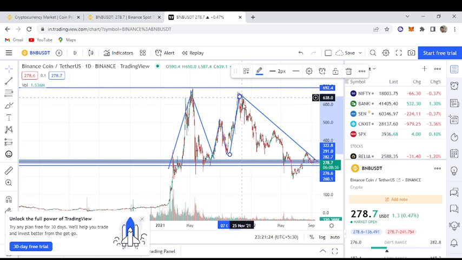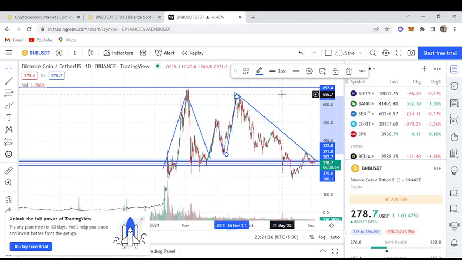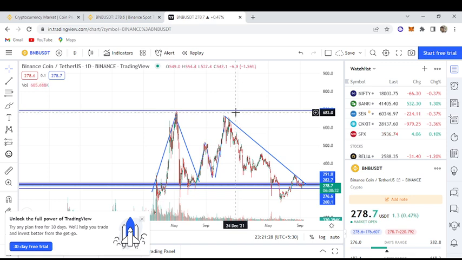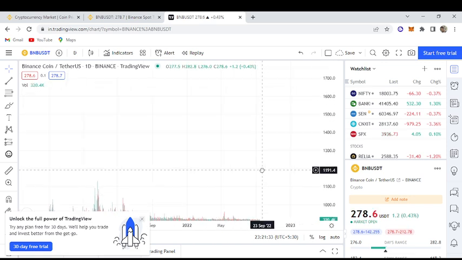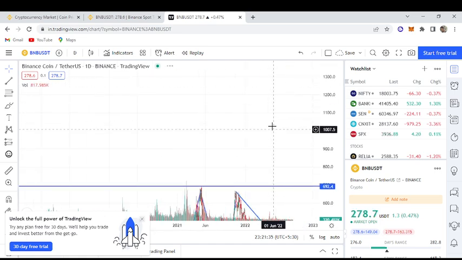It was a good W, but then again it was not able to break this. If it just breaks it, then we don't know where it's going.